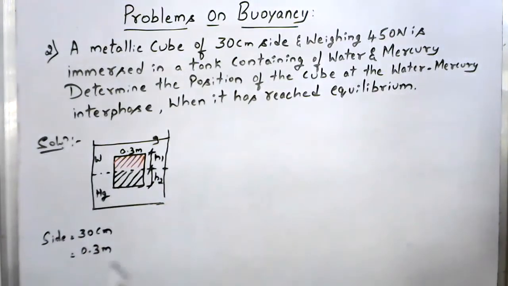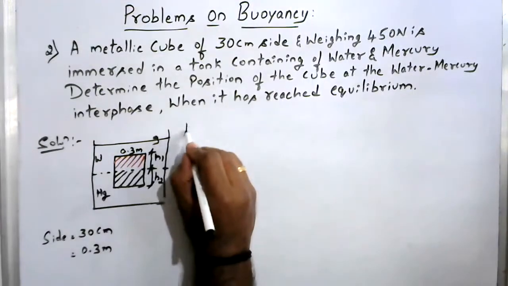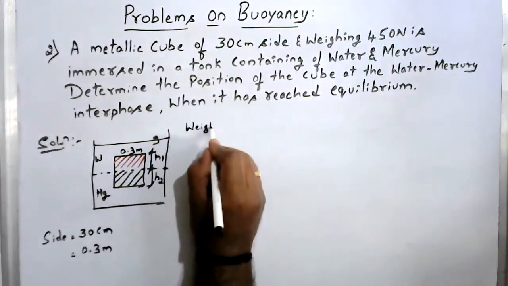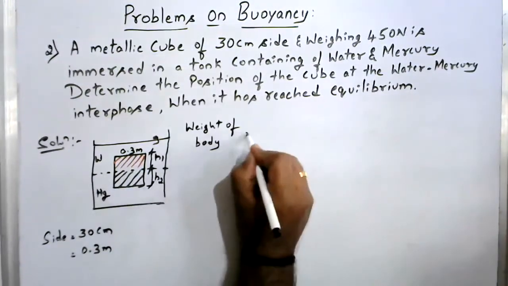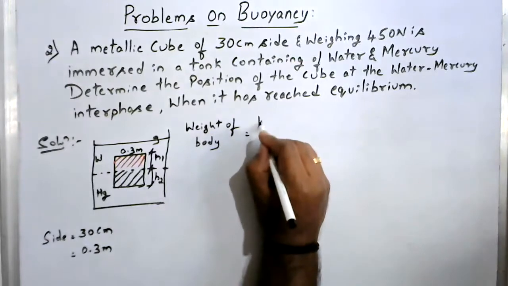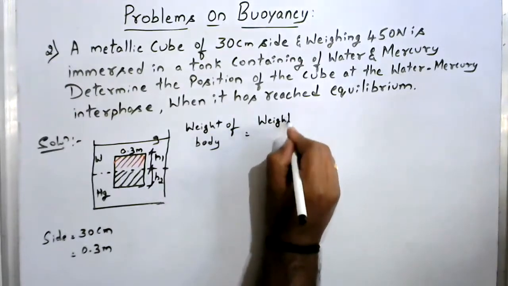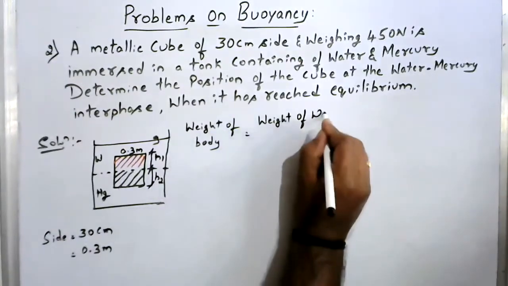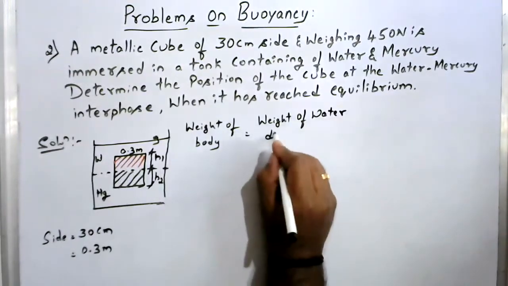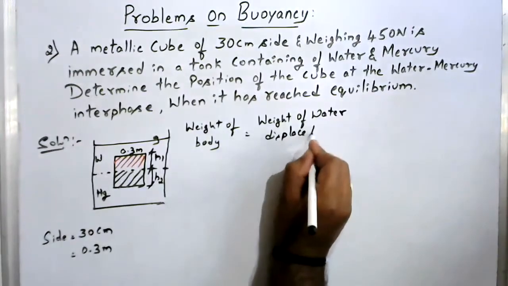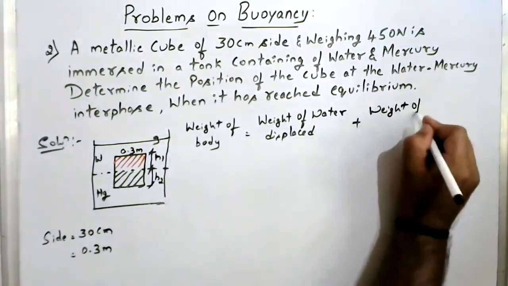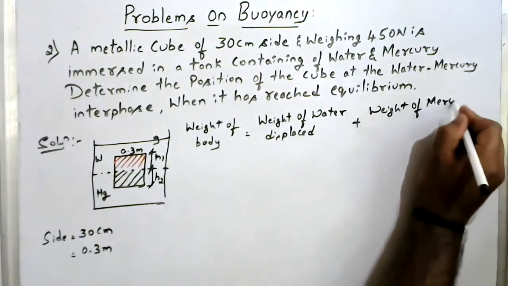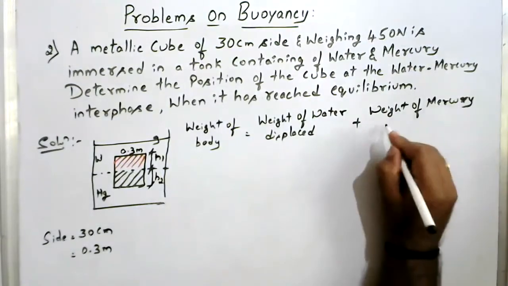So side, H1, H2 are clear. Then we have a formula: weight of the body is equal to weight of water displaced plus weight of mercury displaced.